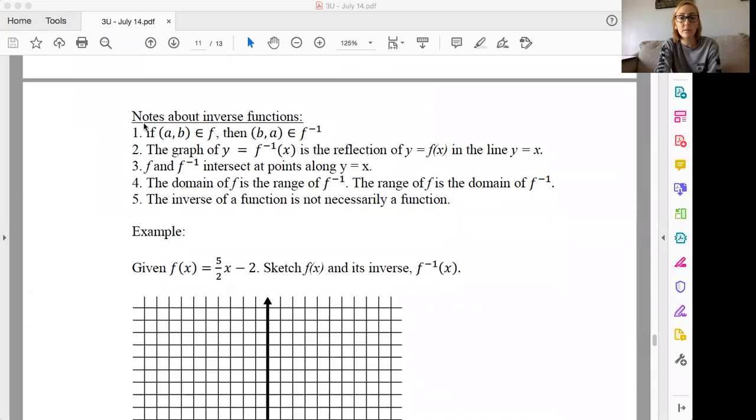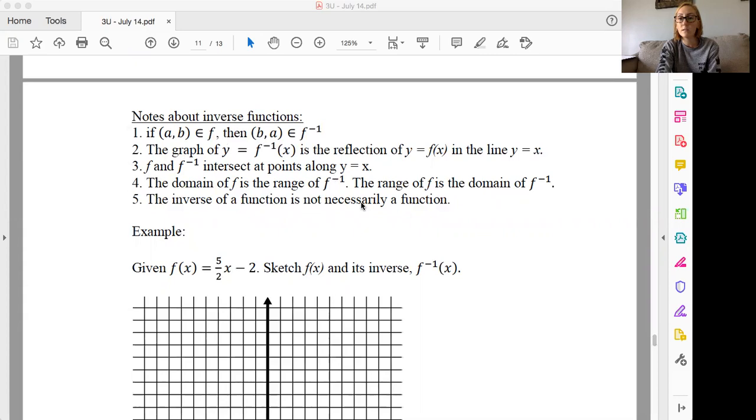Okay, notes about inverse functions. If (a, b) exists in the function, then (b, a) exists in the inverse function. That's like I'm saying, the two points switch over. The graph of y equals f^-1(x) is the reflection of y equals f(x) over y equals x, like we just saw in the graph. f and f^-1, the inverse function, intersect at points along y equals x.